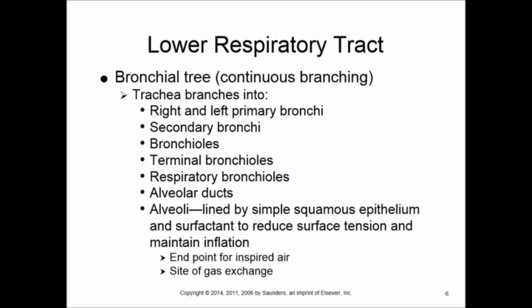So do you still remember the bronchial tree? At the end of the trachea, it will divide into two tubes. What are those two? Right and left what? Primary bronchi, and the primary will give you secondary, tertiary, right?